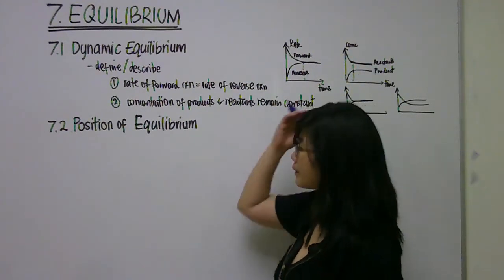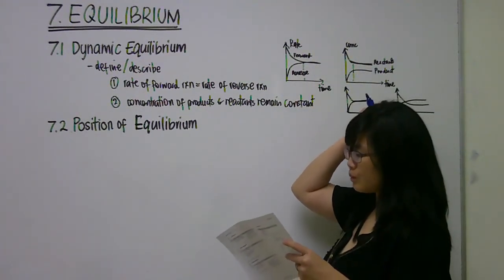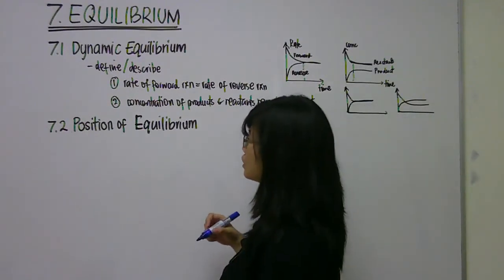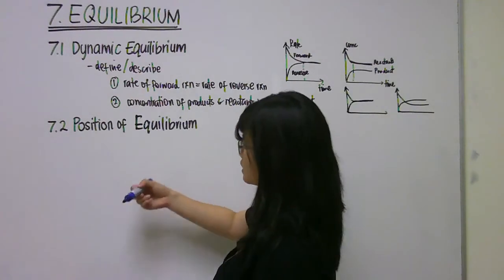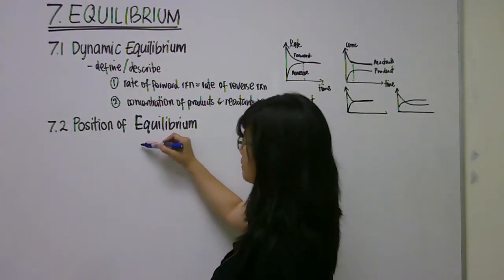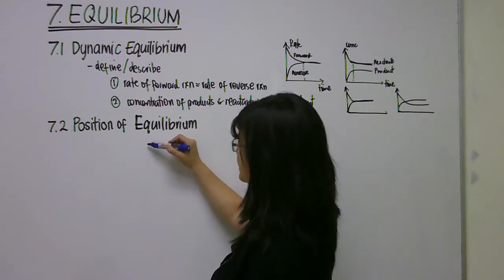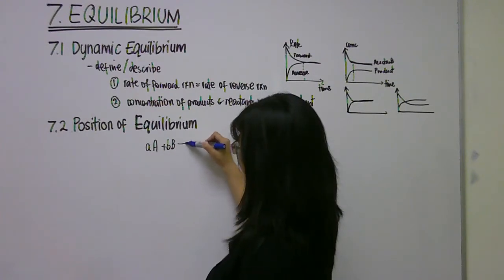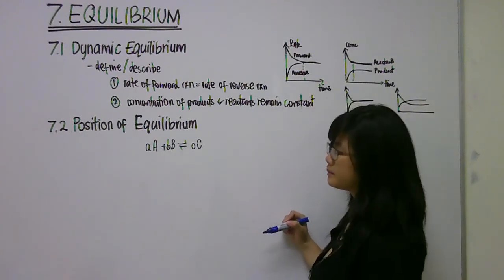Okay? The next one is position of equilibrium. You need to know how to write a Kc, which is the equilibrium expression of a reaction. Let's say, for example, I have a amount of A reacting with b amount of B, giving me something like that, okay?